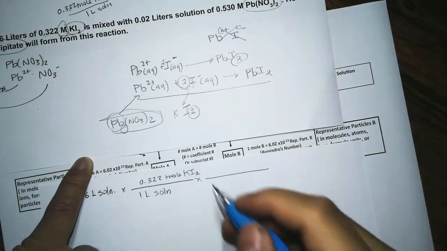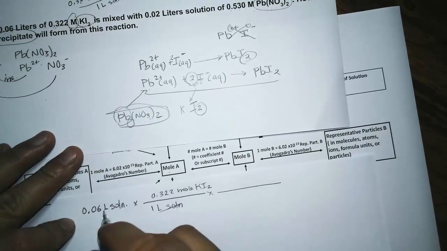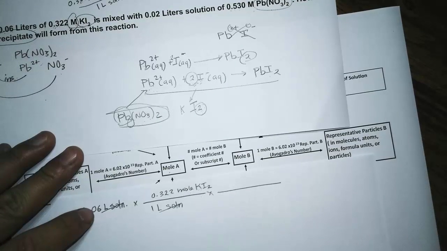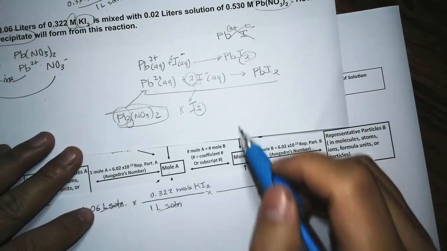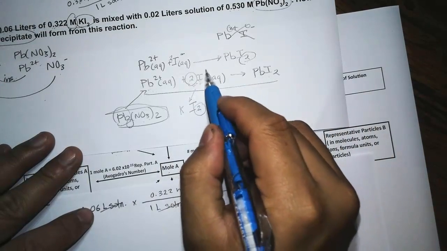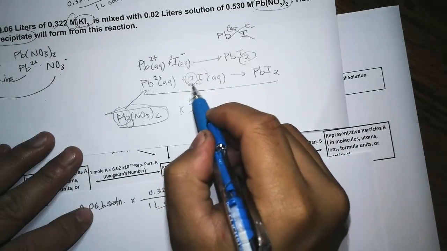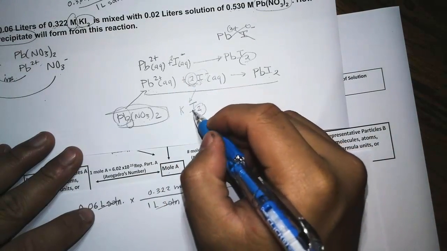So that's a lot of things we have to look at. What we have here is the solution cancels out. In this case, the solution of iodide cancels out, so what we have here is moles of iodide. But the chemical reaction does not have moles of iodide; it has that right there with a coefficient of 2. So again, we can use this to represent that.